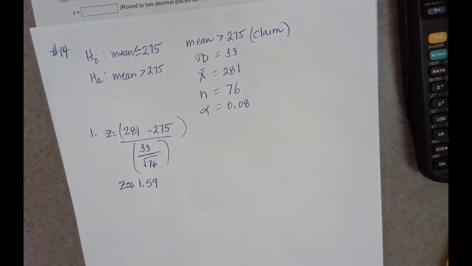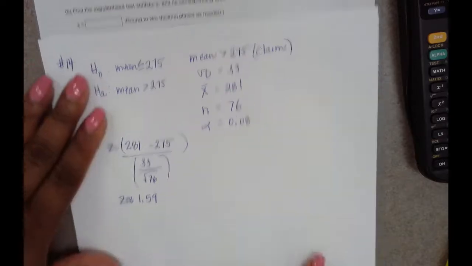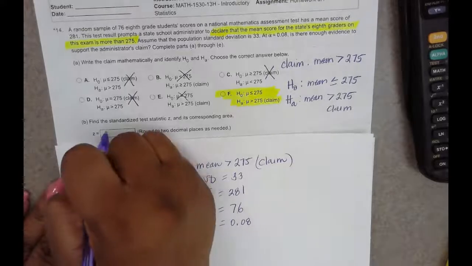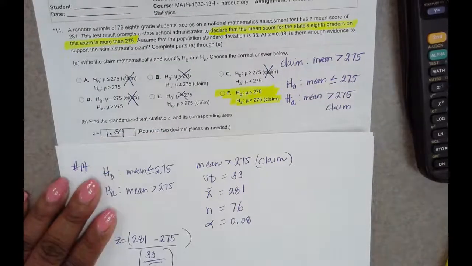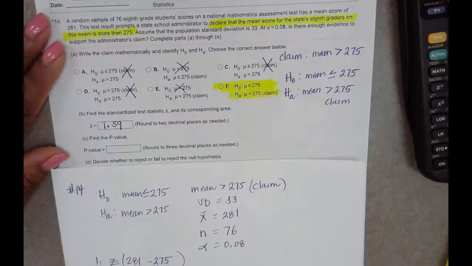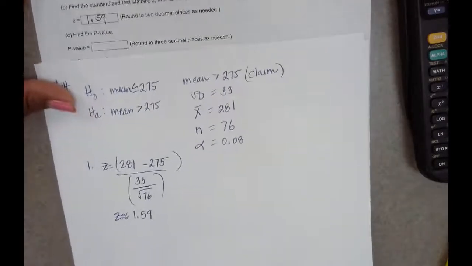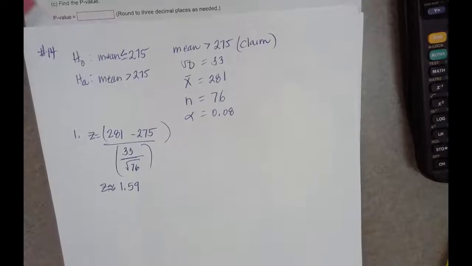I'm going to write that at 1.59. Okay. The next thing we have to do is find the p-value. Well, what type of test will this one result in?